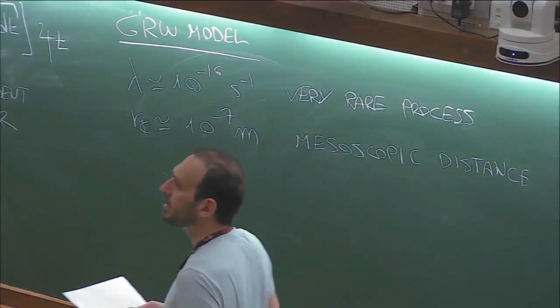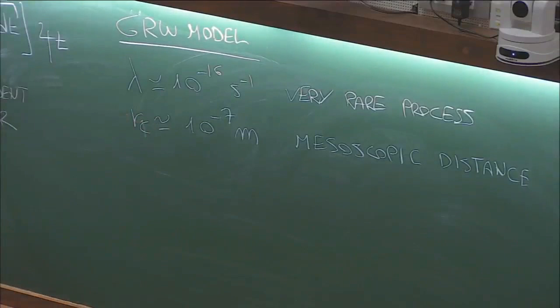Even if the jump occurs, the jump produces an effect only if the wave function is much larger than that size. If it's smaller, nothing happens. So these are very rare and mild, instantaneous changes of the wave function that leave atoms and molecules as they are. Only when we come to the macroscopic world will we see that they become relevant.